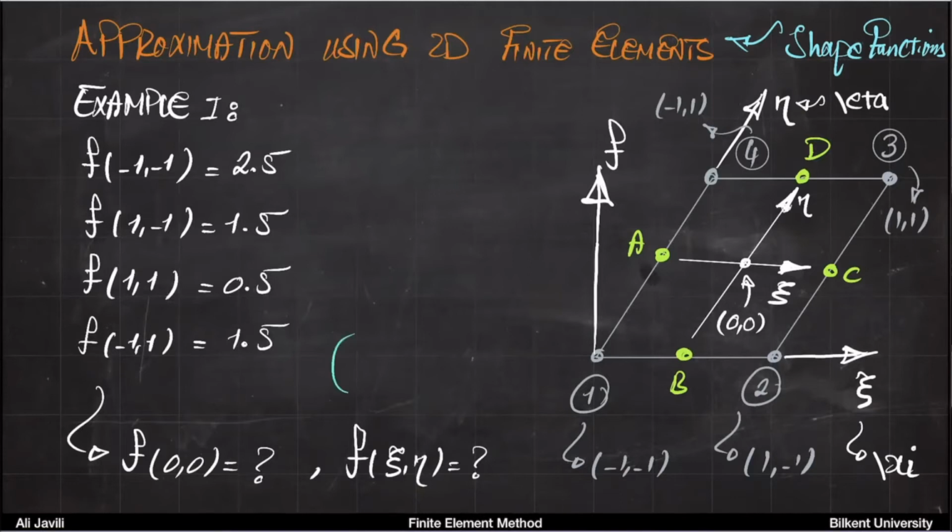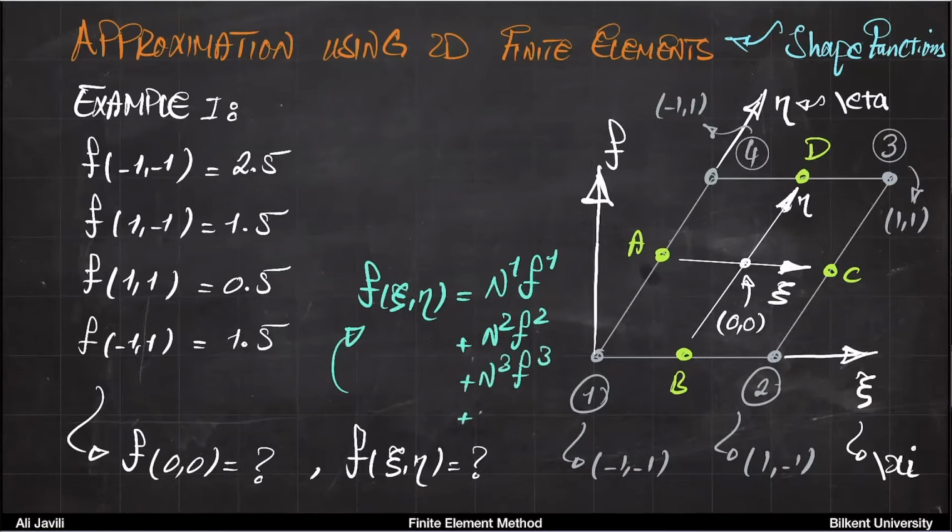So here, let me start with this, your f would be N1 times F1 plus N2 times F2 plus N3 times F3 plus N4 times F4. Okay, so if you do that, now you remember this N1 has this nice property that it is 0 everywhere, but it is 1 at point 1. So how would that look?